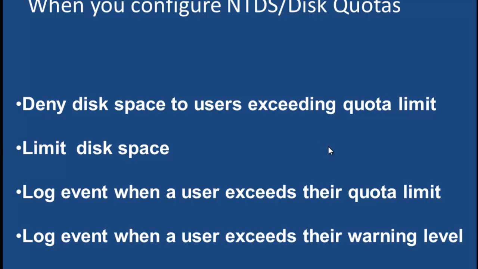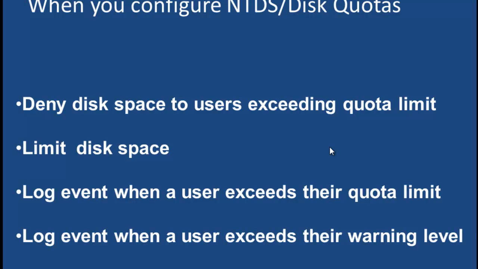When you configure quotas on a disk, what you are really doing is saying that for this particular user or for the users who use that disk, you want to limit the space that they can write work to on that disk.